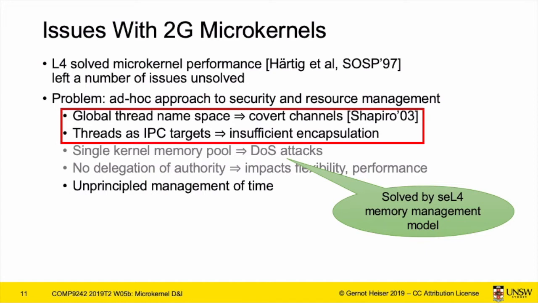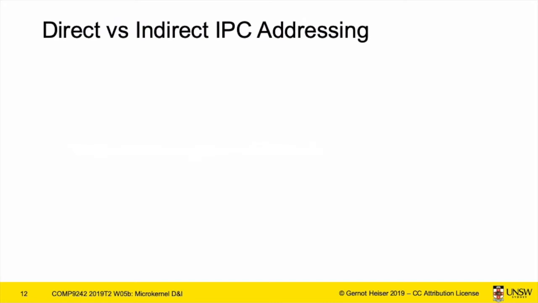The second one, the other two, these two are actually closely connected. The one is that we have covert channels, and I might as well talk about it. So there's a covert channel issue and the encapsulation issue. If you have a message passing system, you need to address your messages somewhere, right?